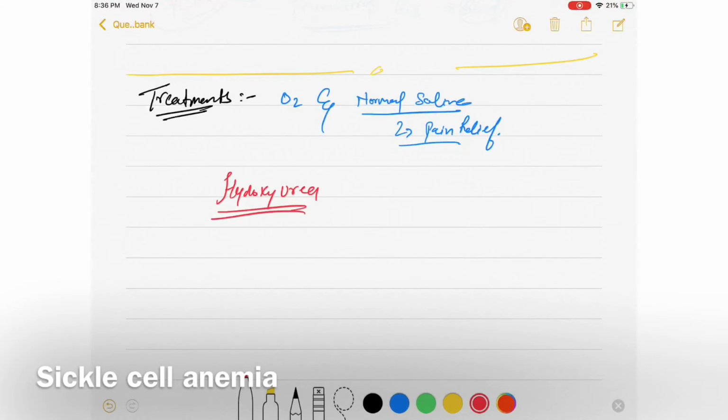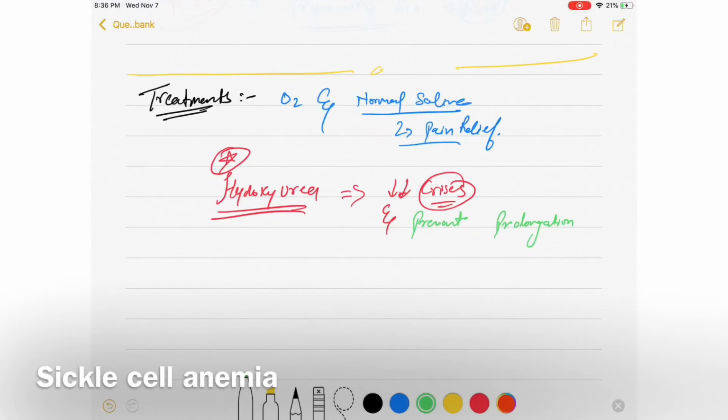This drug has major side effects also, but it decreases the crises in sickle cell anemia and also prevents prolongation of the disease.